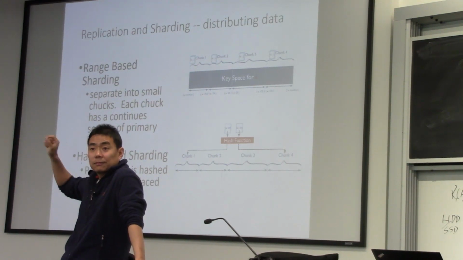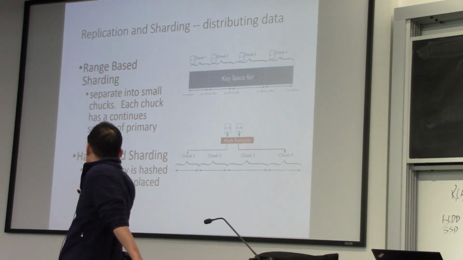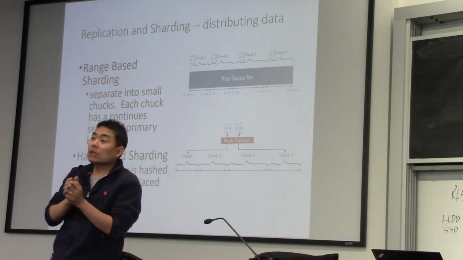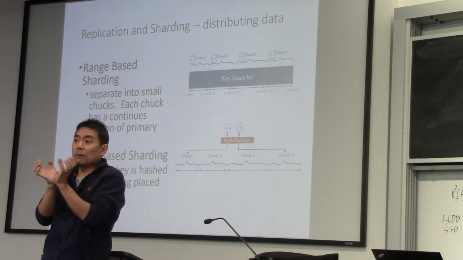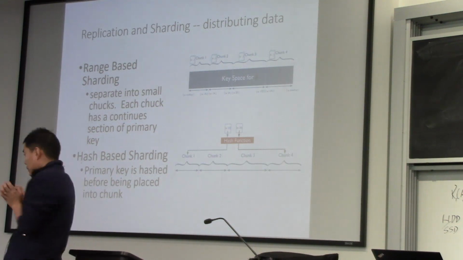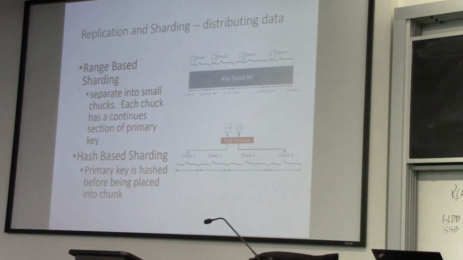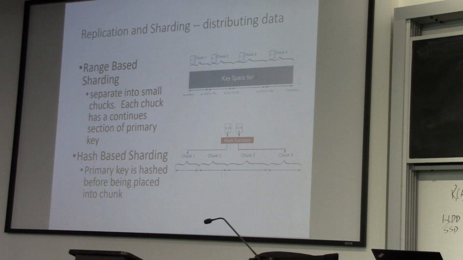You follow that? So that brings up the second approach, which is called hash-based sharding, where I don't dictate that all the records with values in a particular range go to a physical node. They can go anywhere, but they have to go through a hash function. The hash function takes a value as input and gives a node ID as output, telling you all the records with this value will go to this node.